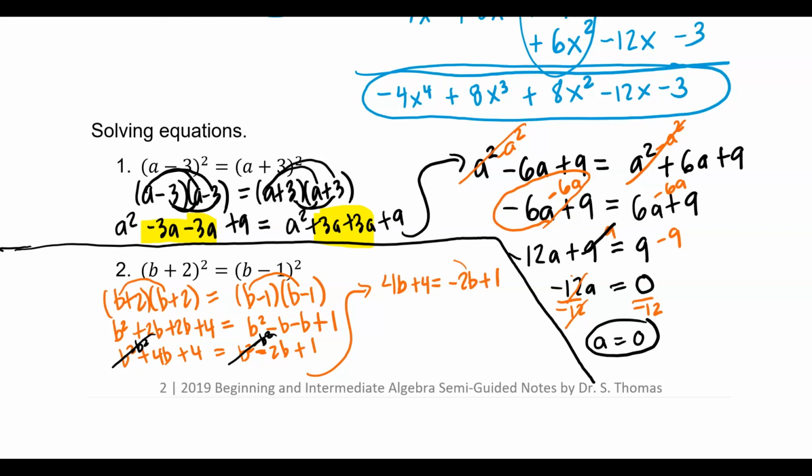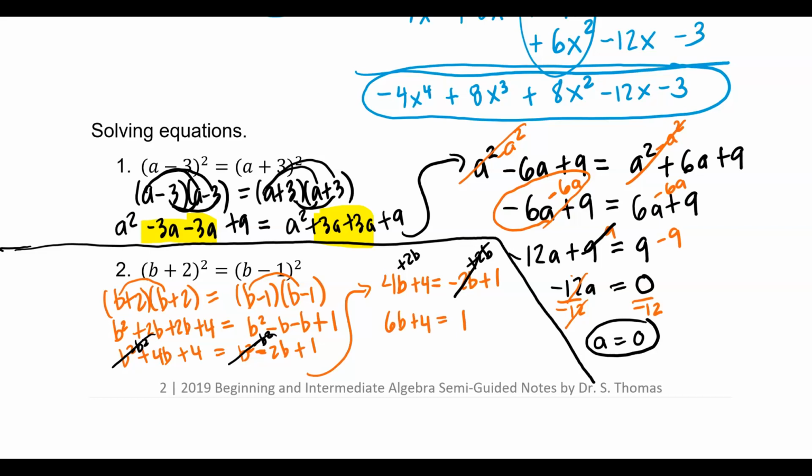What you could do is try to get that negative 2b on that side, right? But you're going to have to add 2b. So add 2b to both sides. That'll cancel it from the right side. But we'll have 6b plus 4 on the left side equals 1.